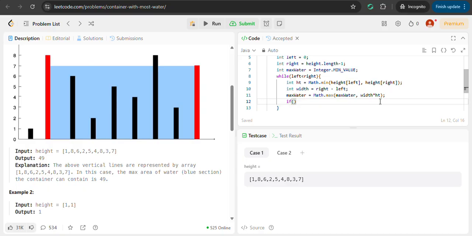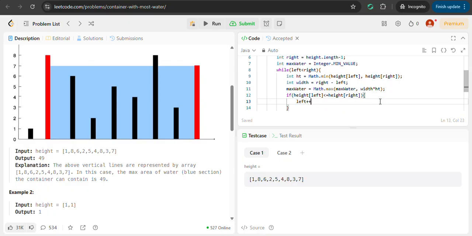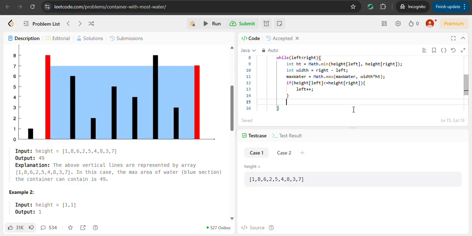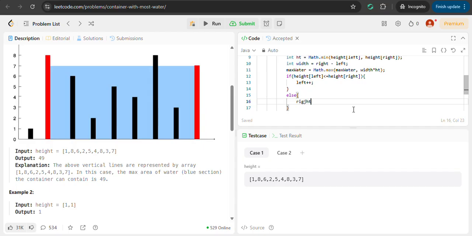There are three conditions. If the height of left is less than the height of right, we move the left pointer forward. Otherwise we move the right pointer toward the left side.